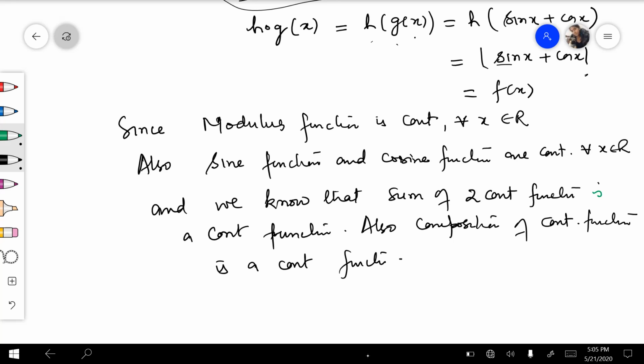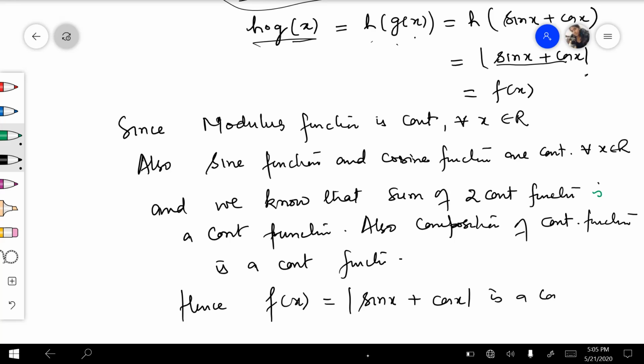So here we are having sum of two continuous functions, it will be a continuous function, and composition of two continuous functions is also continuous. Hence f of x equals to modulus of sin x plus cos x is a continuous function. It is continuous for every x belongs to R, hence it is continuous function at x equals to pi.